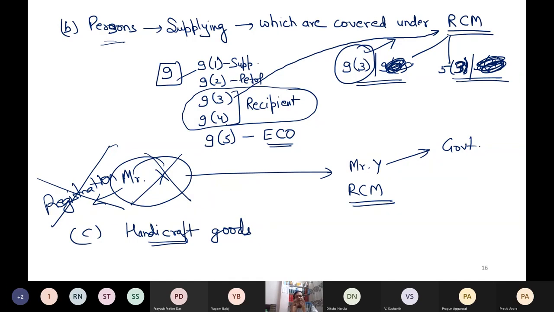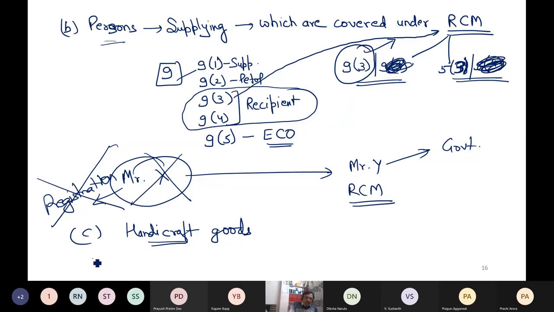It's a sign of Indian tradition and culture up to some extent. Mostly done in rural areas, not in cities basically. So to help these people who are engaged in handicraft goods, government says that you are not supposed to take a registration.